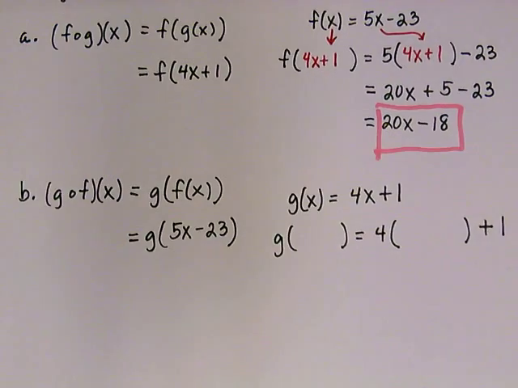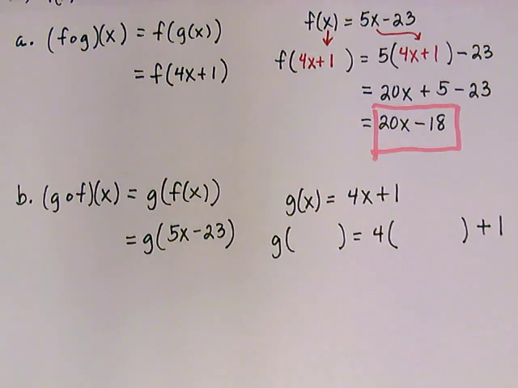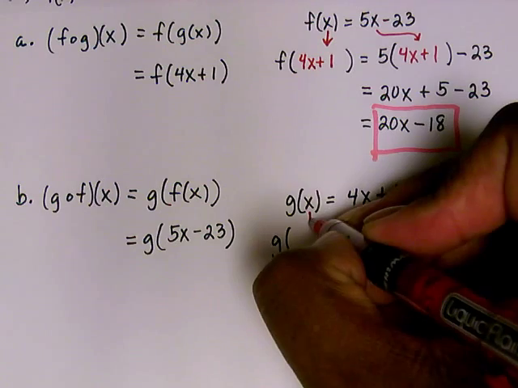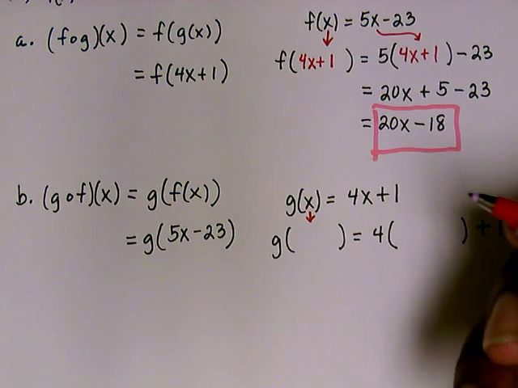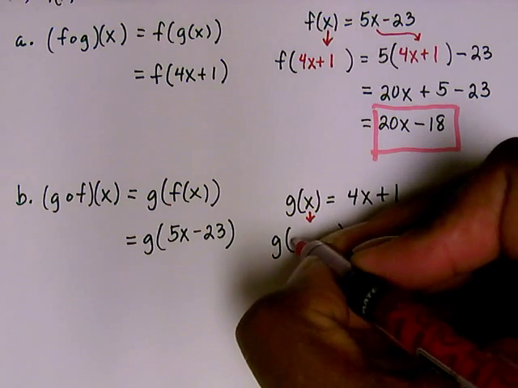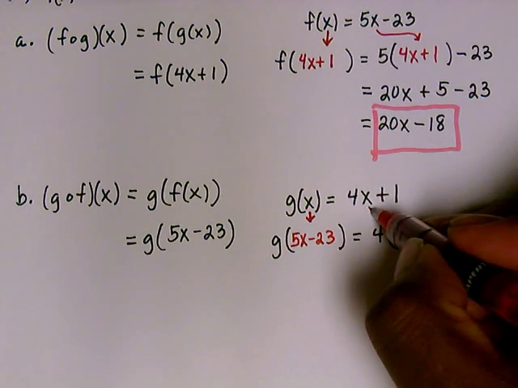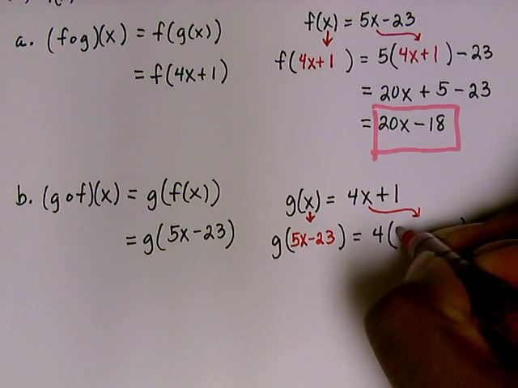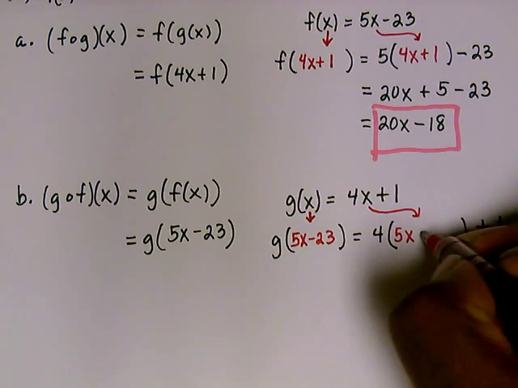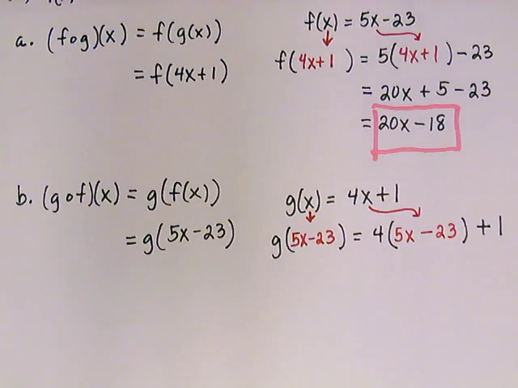So in this case here, this x right here, I'm going to replace it with what f of x is, 5x minus 23. In the 4x plus 1, that x will be replaced with whatever f of x is, and that's 5x minus 23 here.